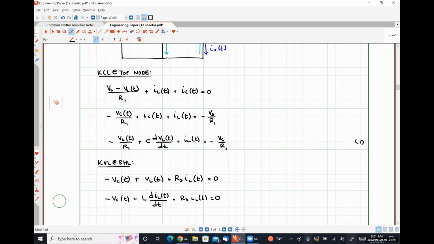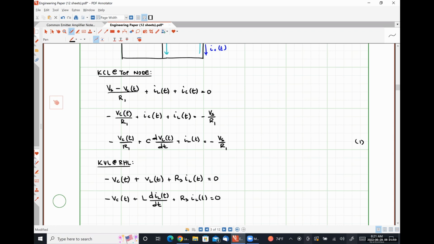So effectively, what my choice is: do I manipulate that equation that I've labeled as equation 1 and isolate IL of t so that I can express IL in terms of VC and constants?